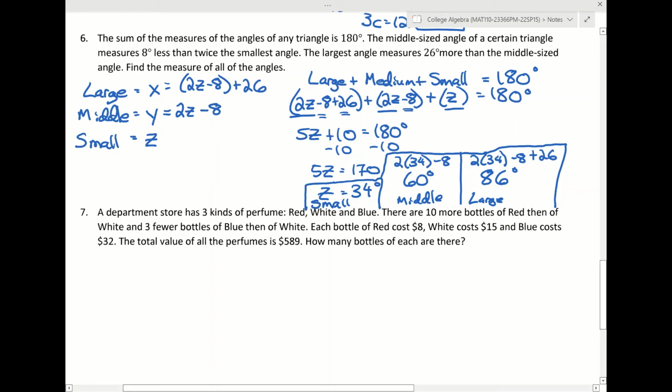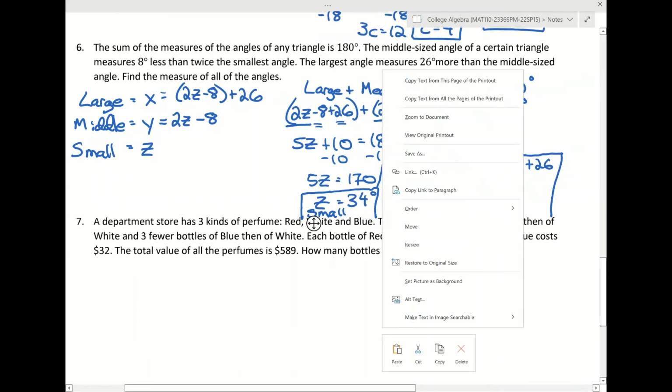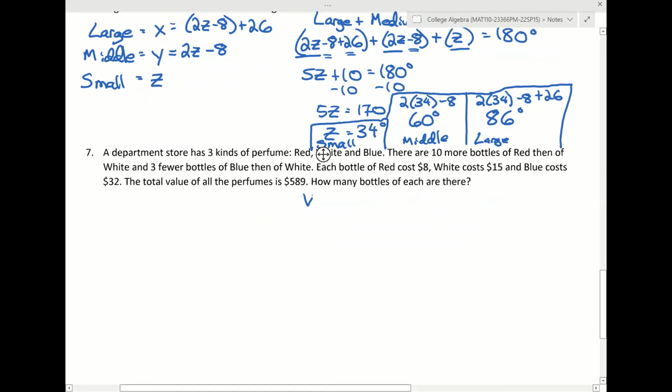So because we are quite a bit early here, and this is the last problem, let me give you maybe 2 or 3 minutes to try to set it up on your own. Come up with your variables. When you go to come up with an equation, remember the total value is equal to the price times the number.